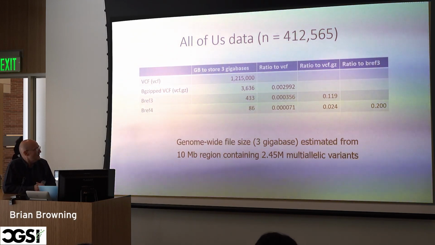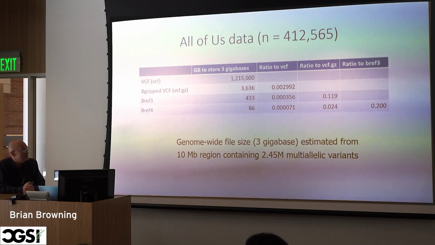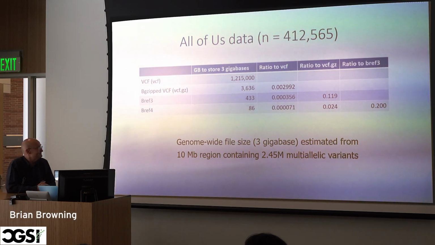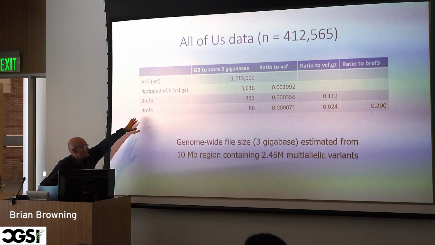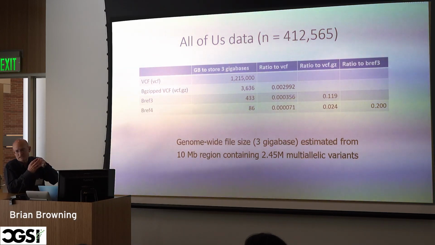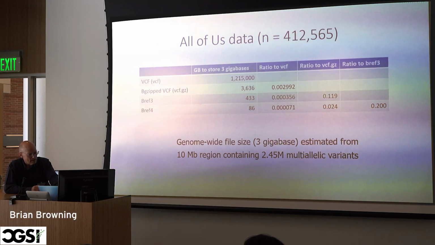So it looks to me like, at least for the foreseeable future, it is possible to continue to work conceptually with VCF data, although life's much simpler if you use one of these formats designed to be a lossless compressed form of VCF data. But it does work well.